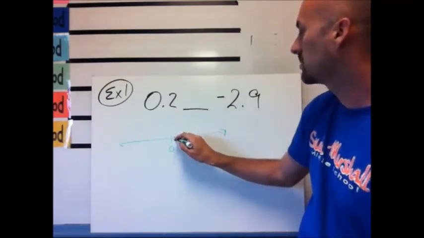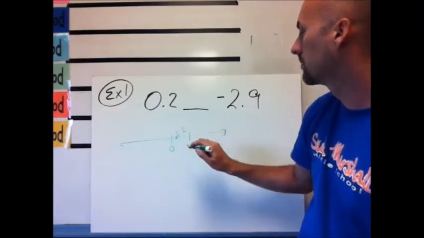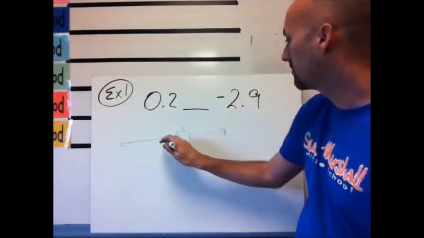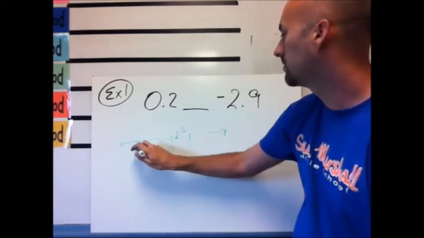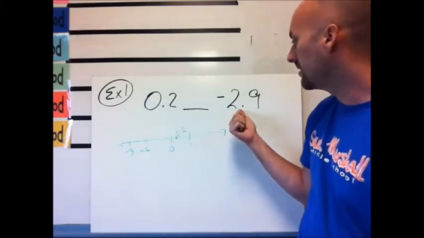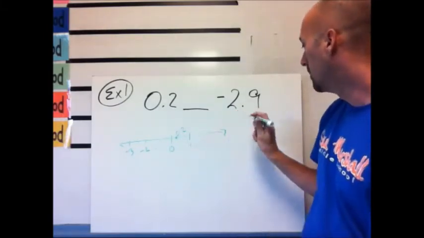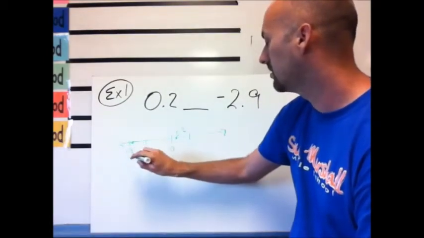And I can say that's down here, closer to 0. This is -2 9/10. So there's -1, -2, -3. This is between -2 and -3, but it is closer to -3. It is on down here.